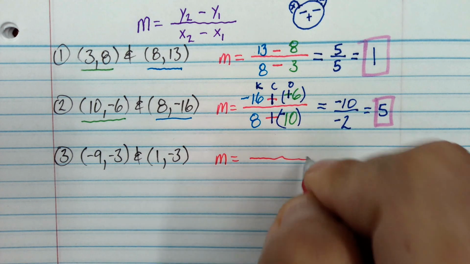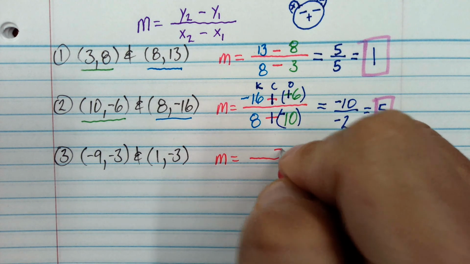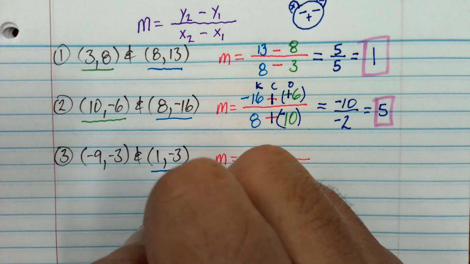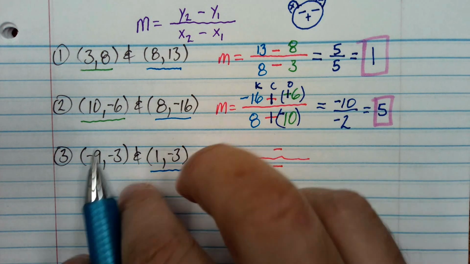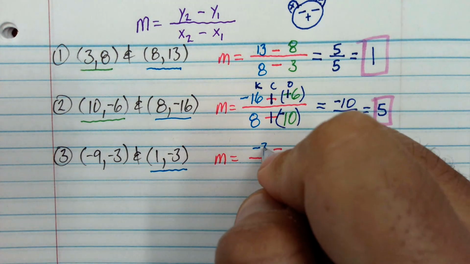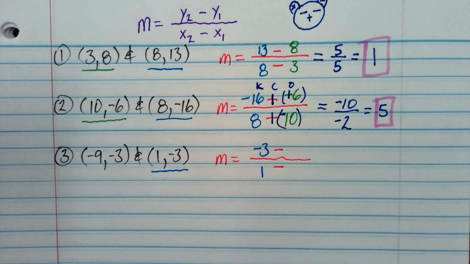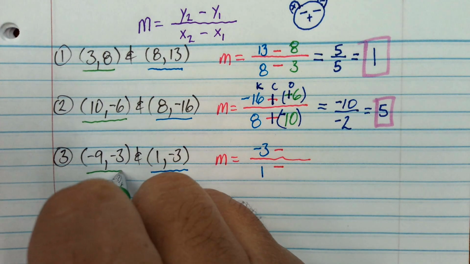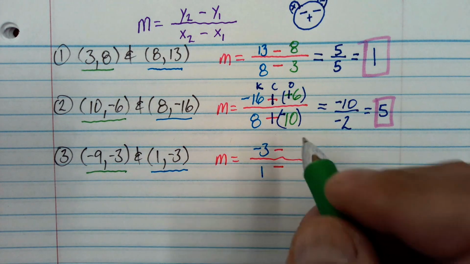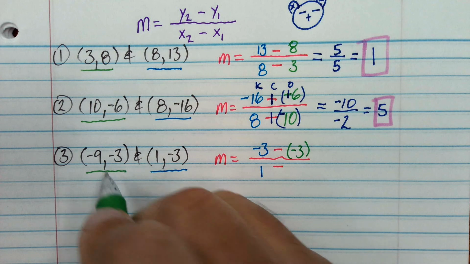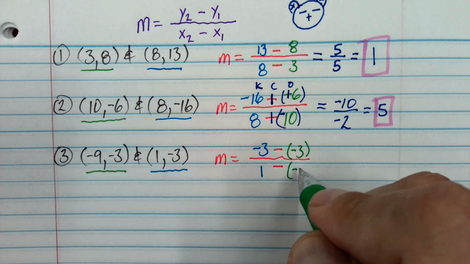There's the setup for the formula. I'll start with the second ordered pair, turn it, so negative 3 is on top, and 1's on the bottom. I'll do this one. Again, negative 3 is on top, and negative 9's on the bottom.